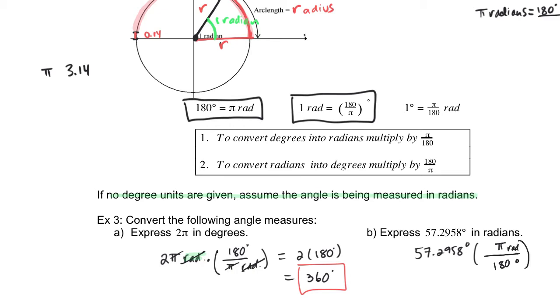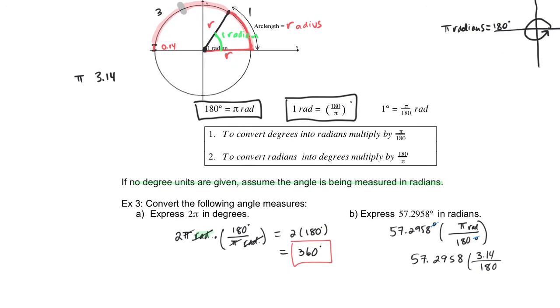Okay, and then my degrees cancel, and I'm left with 57.2958, and then I would multiply that by pi, which is about 3.14, and then divide by 180. And that's an approximation here.